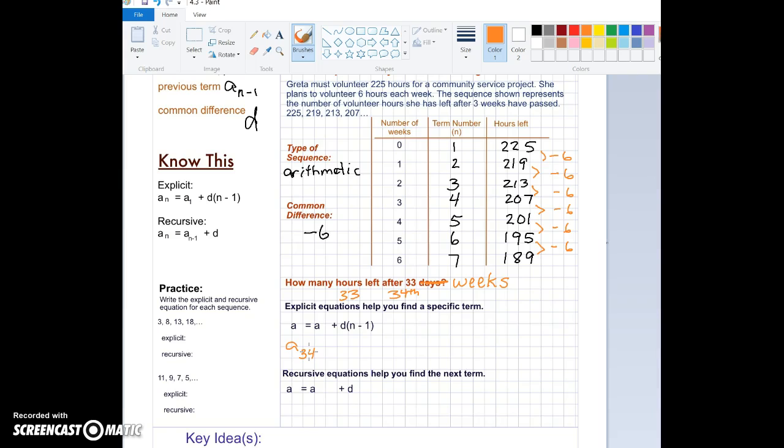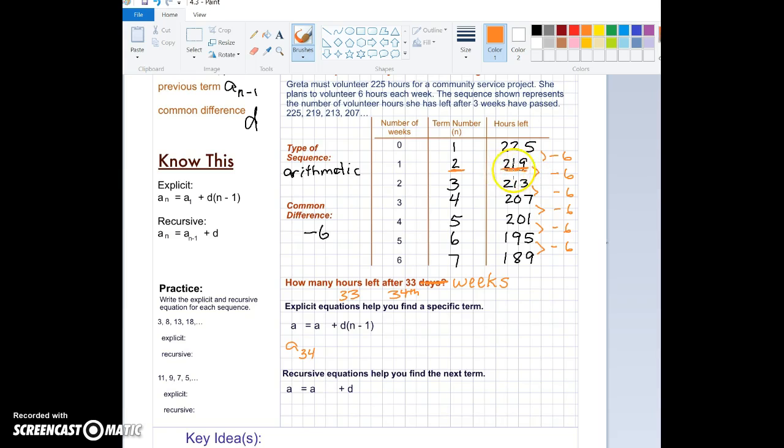So now let's see if we can find another pattern. What happens when we go from term 1 to term 2? How many times did we subtract 6 to get to our second term?